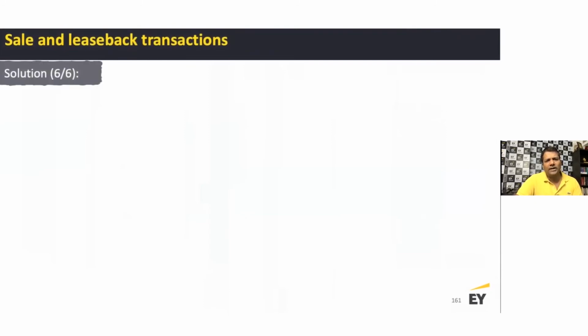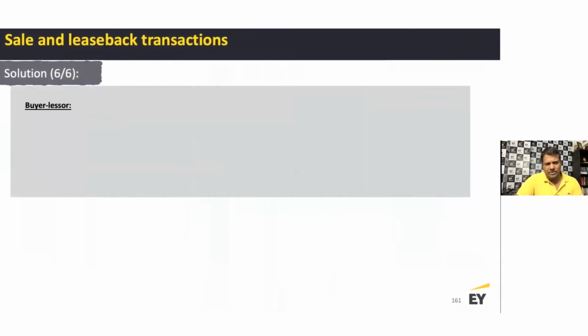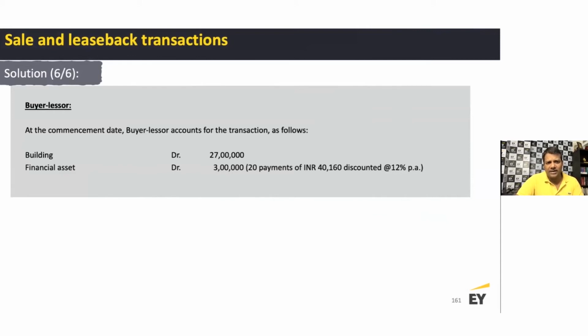Now, when you look at it from a buyer lessor perspective, what is the buyer going to do? Is going to record the asset first, record the building at 27 lakhs as a debit. And then how much did I pay in cash? I paid cash of 30. So I'm going to record another financial asset of 3 lakh, which is my entitlement for the payment of INR 40,160 discounted at the rate of 12%.